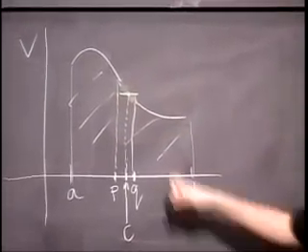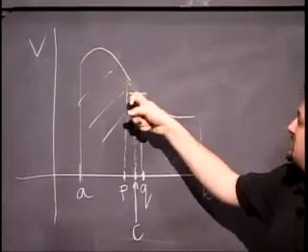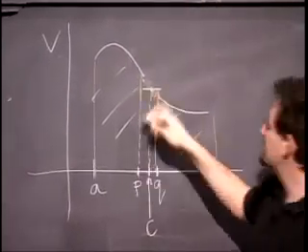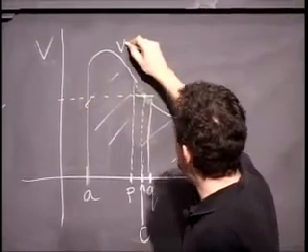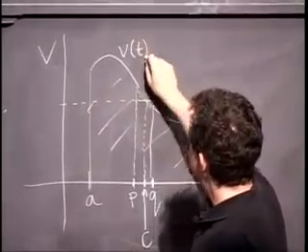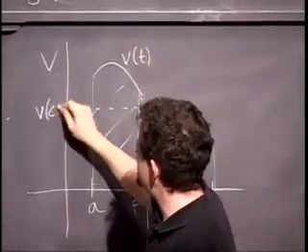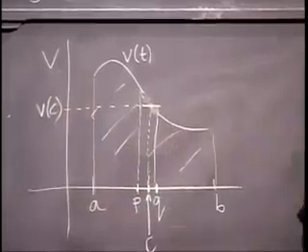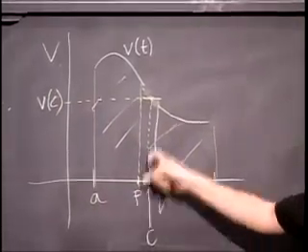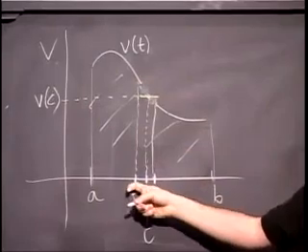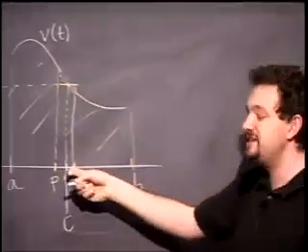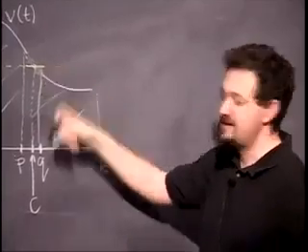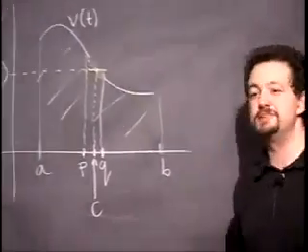If this is the function v of t, then this is v of c, the velocity at time c. I pretend that at the beginning time P I magically change to my speed at c, stay that way until the end time q, and then go about my journey as it was.